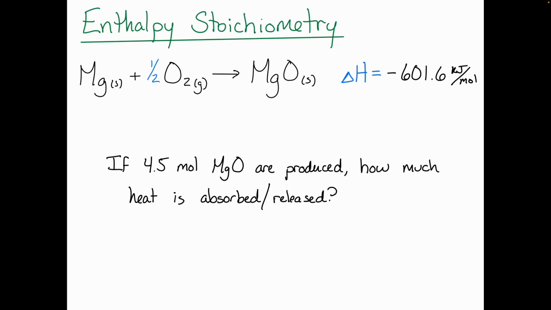All right, so we're going to need to use our enthalpy value that we just looked up on our table here. It's written kilojoules per mole. So in order to turn it into something that we can use in our math, we're going to make this negative 601.6 kilojoules over 1 mole.